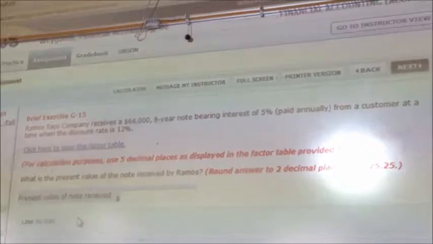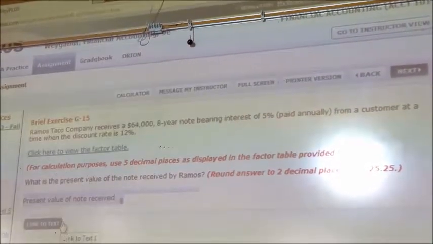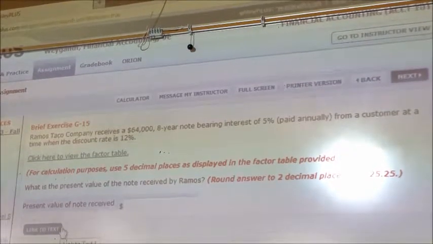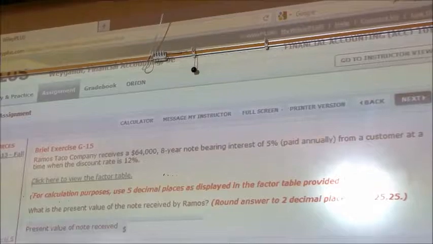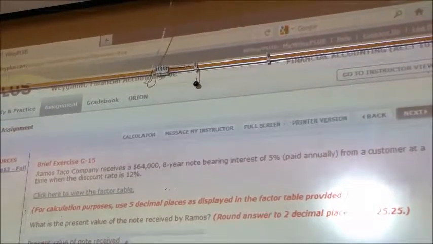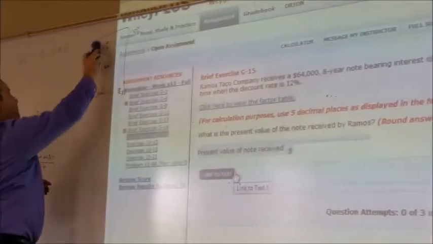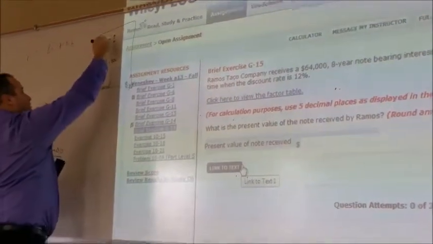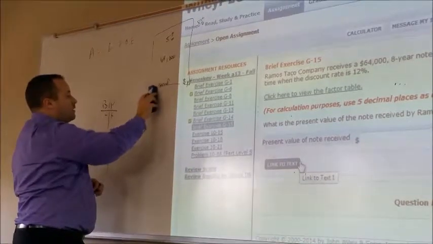But on this one there is. $64,000, 8 years, 5%, paid annually.